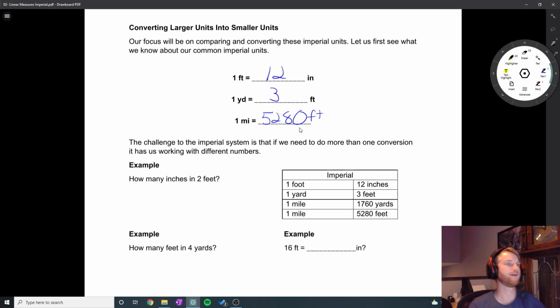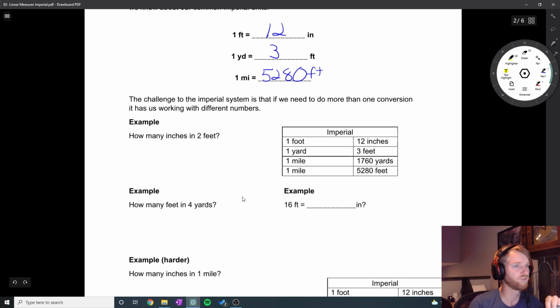I remember that as 52 like the 52 cards in the deck, feel like 52 pickup. And then the 80, the 2 and the 8 make 10. So if I can remember 52 is the first number, I remember 2 and 8 make 10. That gets me there. You don't need to memorize this. It is on your formula sheet. I did have to memorize that for a previous job, so in this course you don't need to, but in the future, who knows.